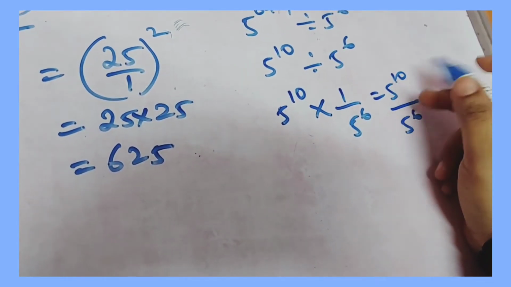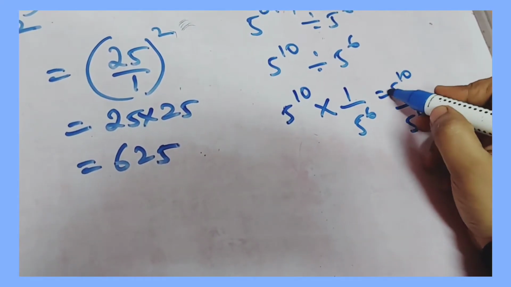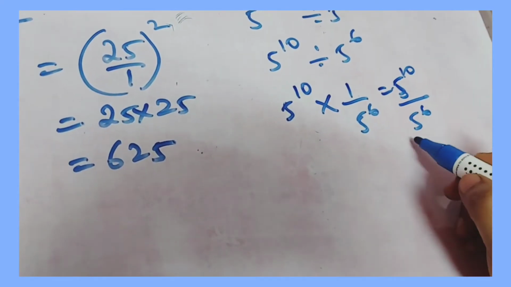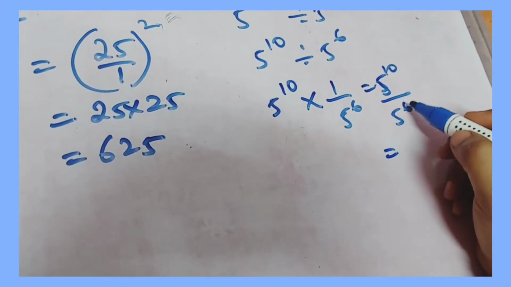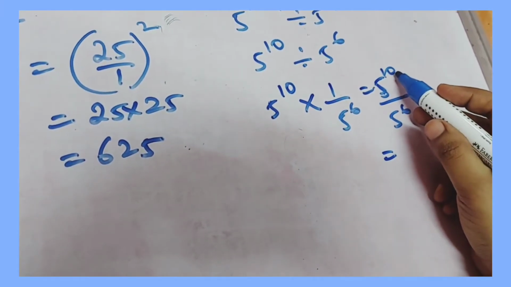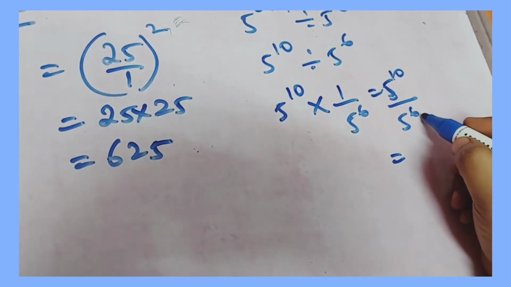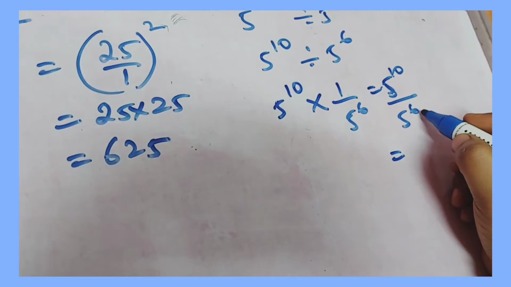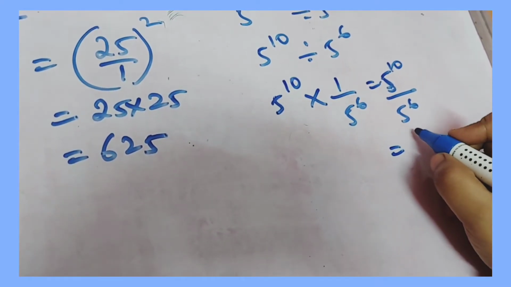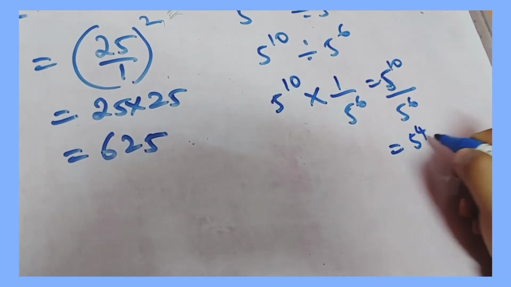If you cancel it, here 5 to the power of 6 is there, here 5 to the power of 10 is there. So 10 minus 6 is 4. So you have to write here 5 to the power of 4.